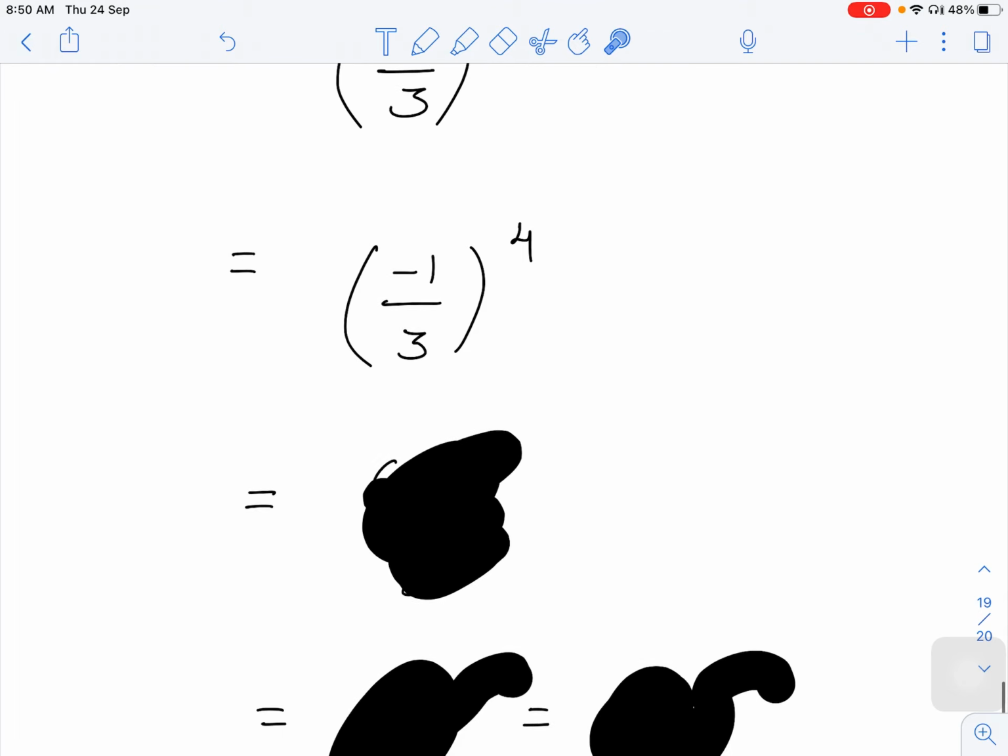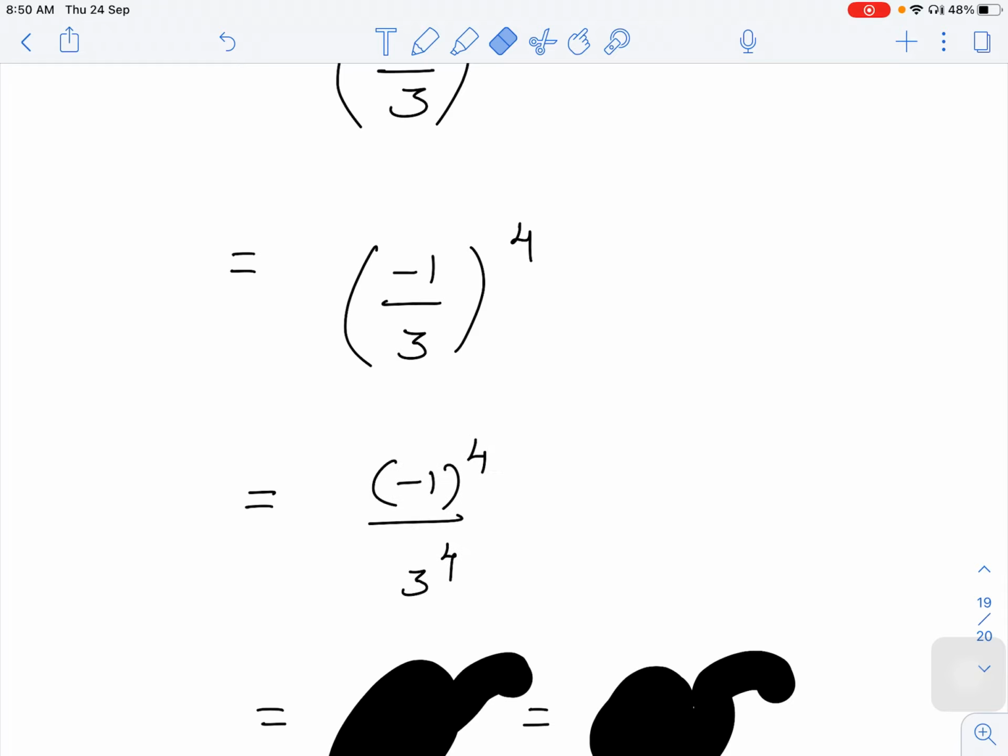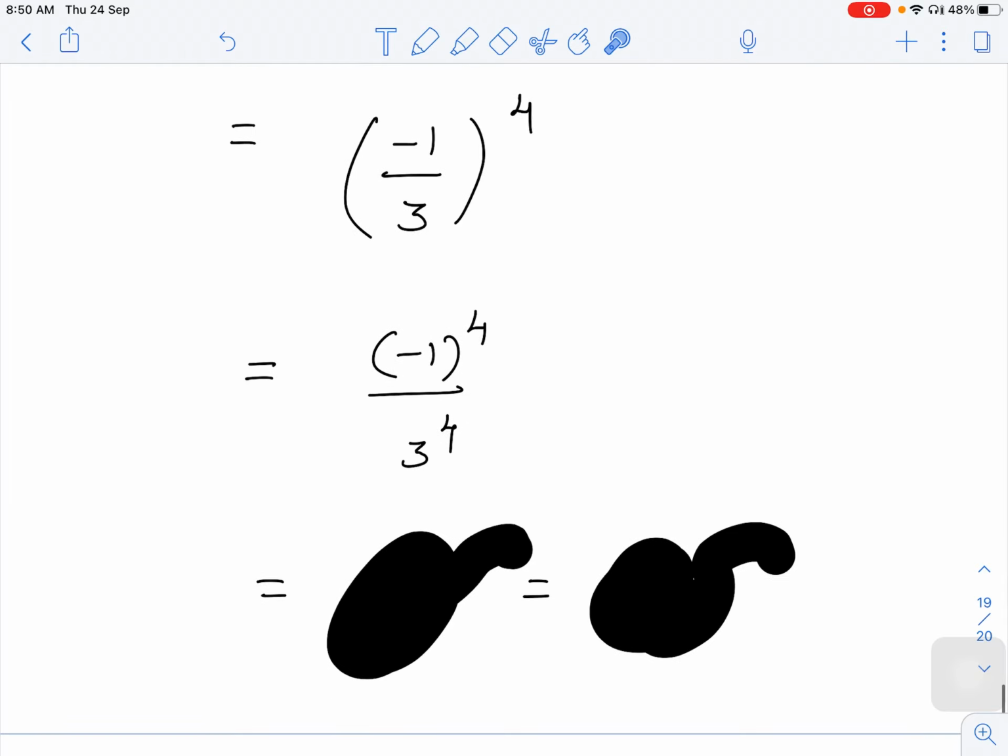Now as we have to evaluate or find the value, what will we do? We will write this 4 for both numerator and denominator separately. So in the next step, we get minus 1 raised to 4 and 3 raised to 4. Now for minus 1 or 1, its power may be anything, our answer will be 1. But here it is a negative sign, so we have to check about it.